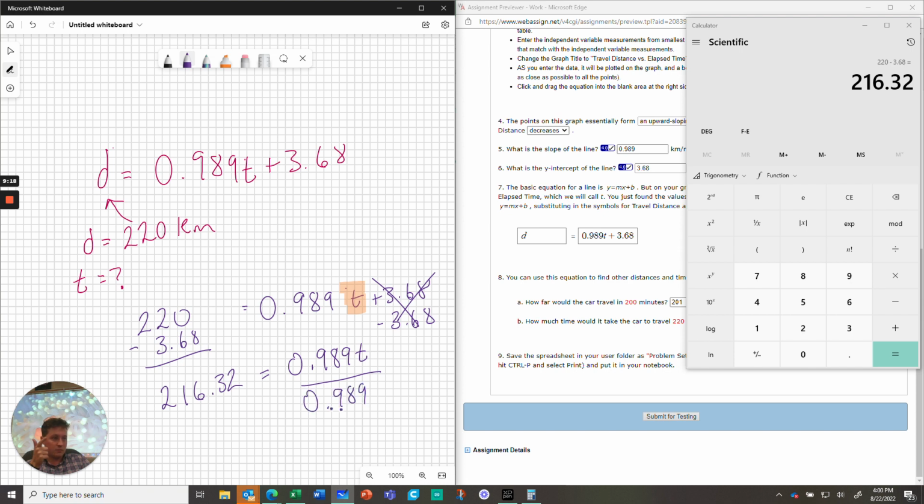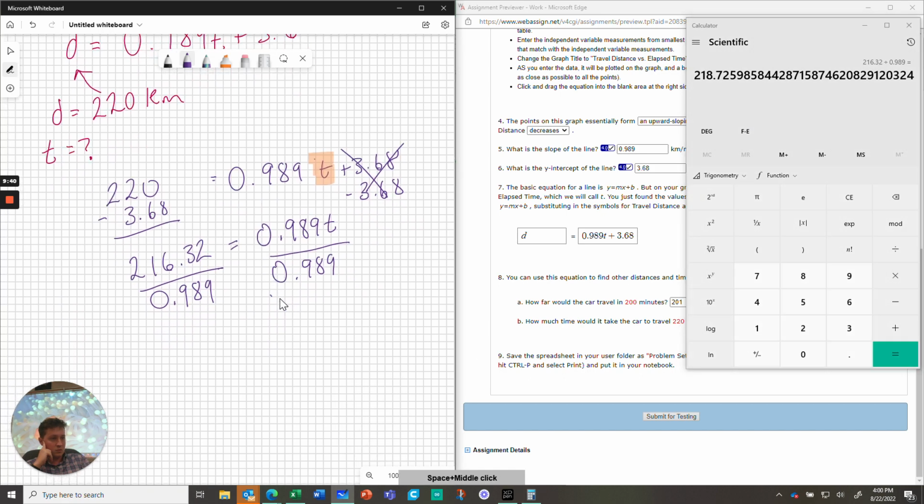So divide 216.32 by 0.989 and that gives me t equals 218.72.